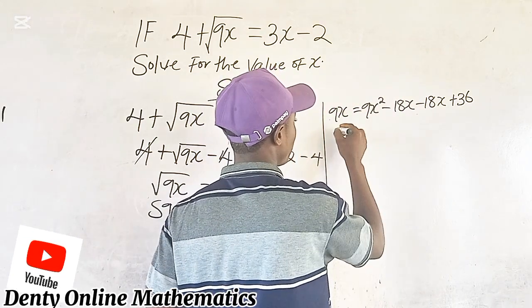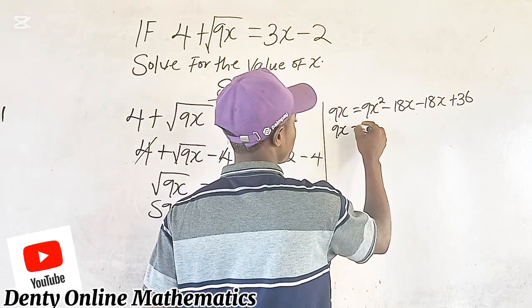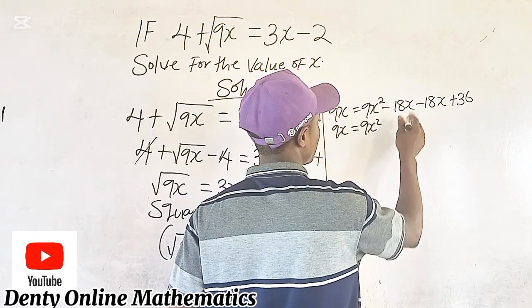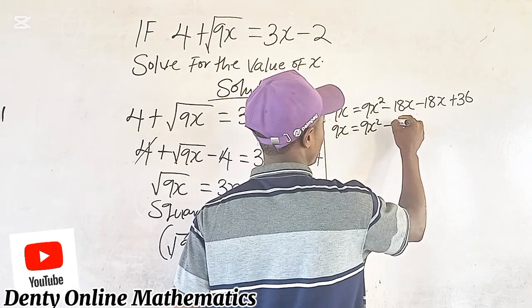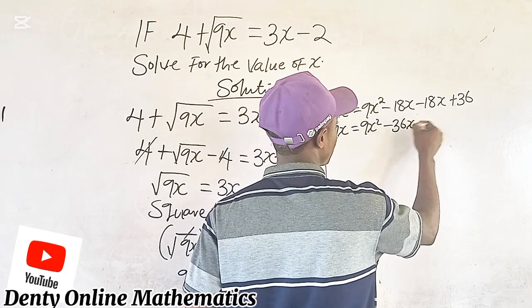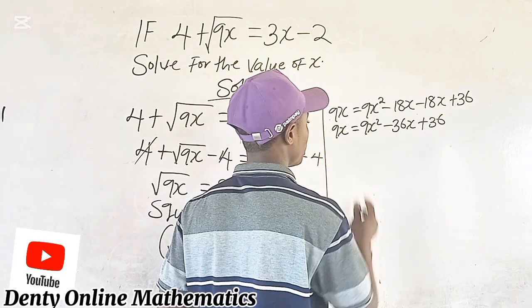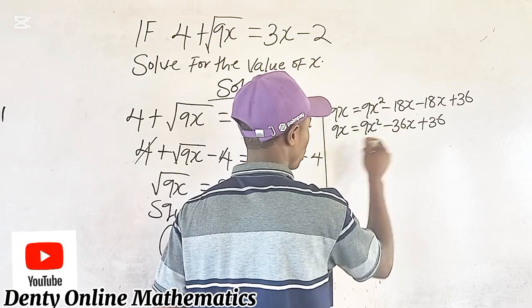Now I'll have 9x equal to 9x squared minus 18x minus 18x, which gives me minus 36x, plus 36. Now I'll subtract 9x, so 9x will cross over.